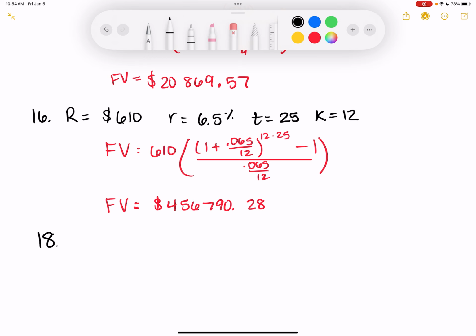Did your calculator turn off or did it die? Oh good, it's not dead. 12.25. Here you go. Here's hoping you get it right this time. Don't mess up. Now I'm scared.